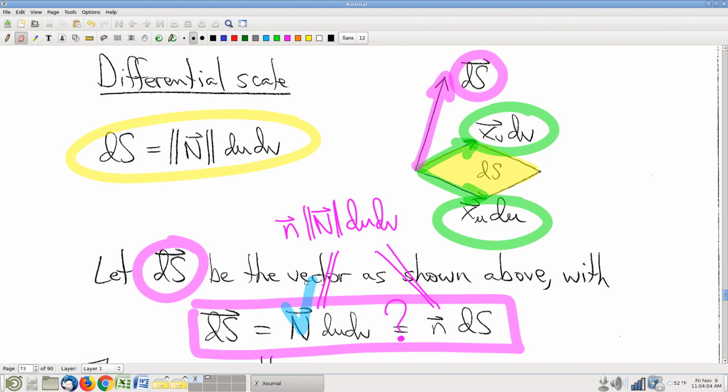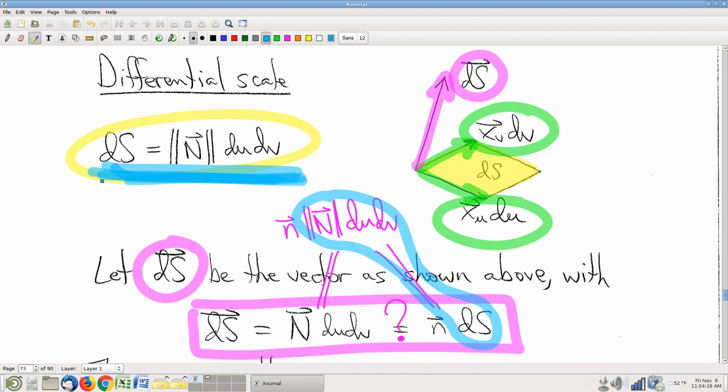On the other hand, this we already know is ds. Right? Capital N du dv is ds. And so little n ds also. So I think that's a neat point of view.